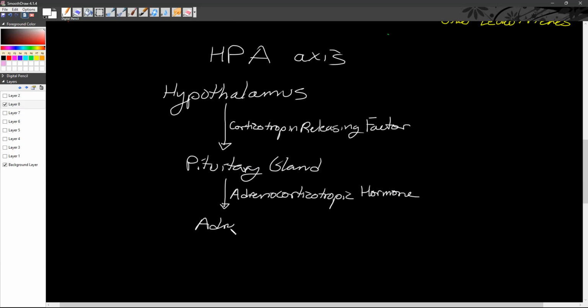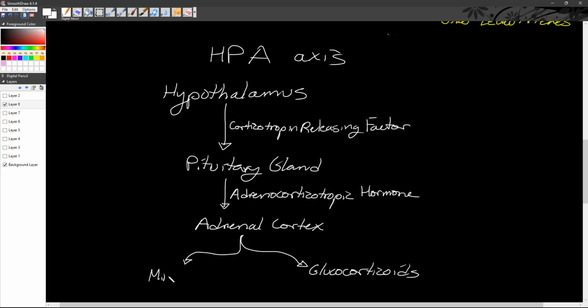This is going to work on the adrenal cortex, which is finally going to release our glucocorticoids and our mineralocorticoids. And that's essentially what the HPA axis is: the connection between these three different glands.